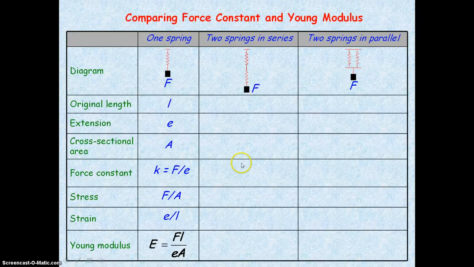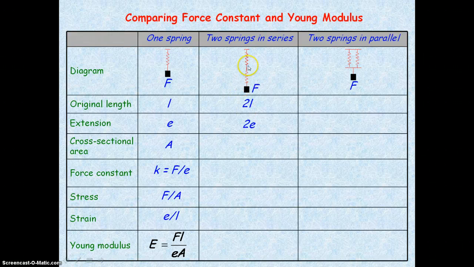And if we were to find the Young's modulus for this spring, it would be FL divided by EA. Let's now consider two springs which are connected in series, and you have a force F applied to them. Now the original length is going to be 2L, and applying a force F to these two springs will give an extension of 2E.